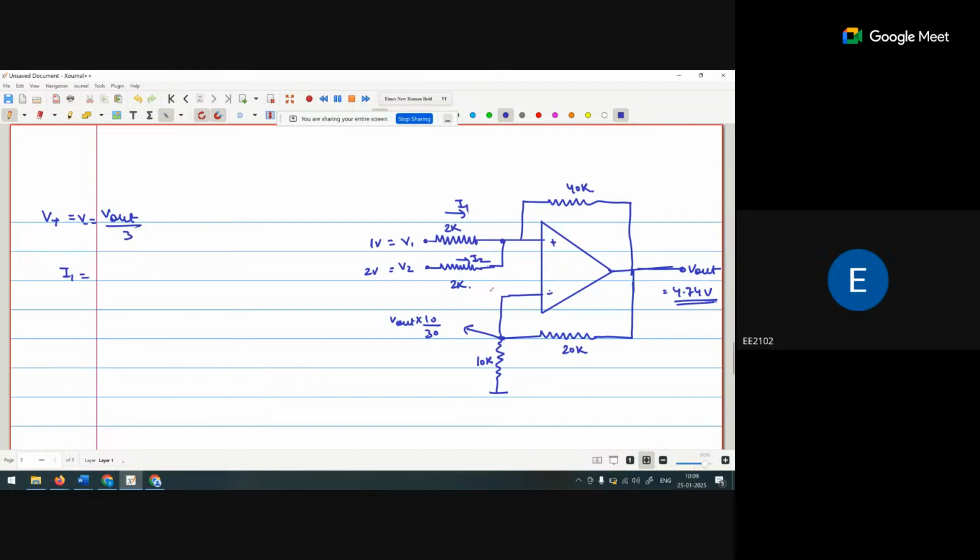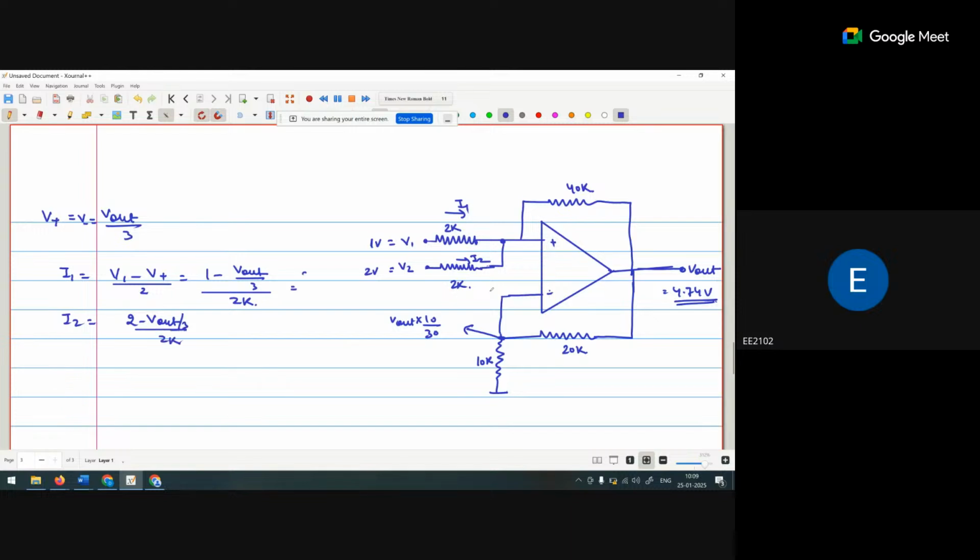So I1 current is equal to V1 minus V plus upon 2k, that is 1 minus V out by 3 upon 2k, and I2 is equal to 2 minus V out by 3 upon 2k.